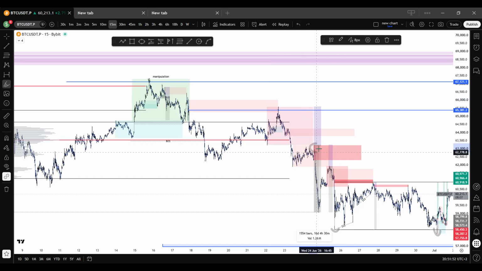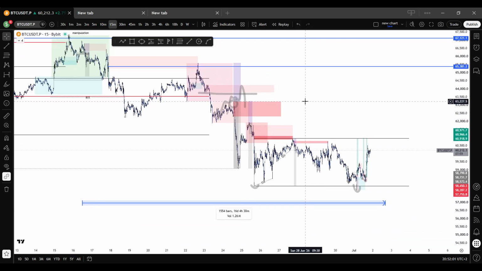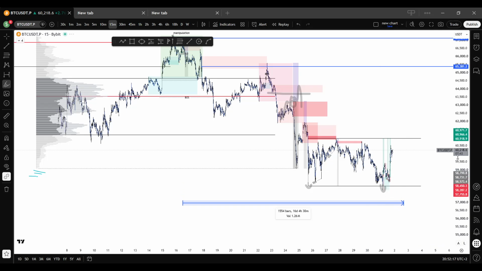Here you limit order and put your alert here in case we move higher. Here you do the same, and that's it. Of course, let's say you're sleeping around here. It's fine, it happens. Then you just take the next trade.